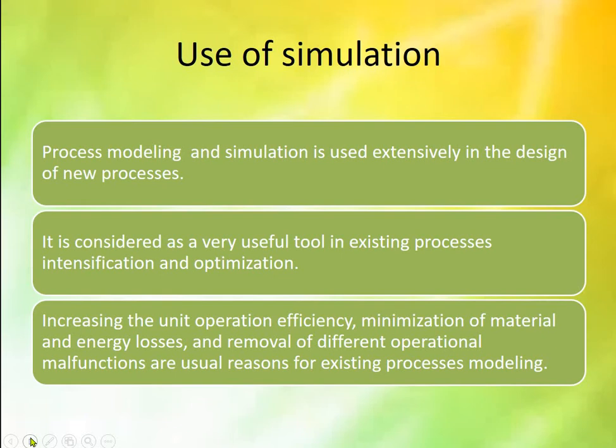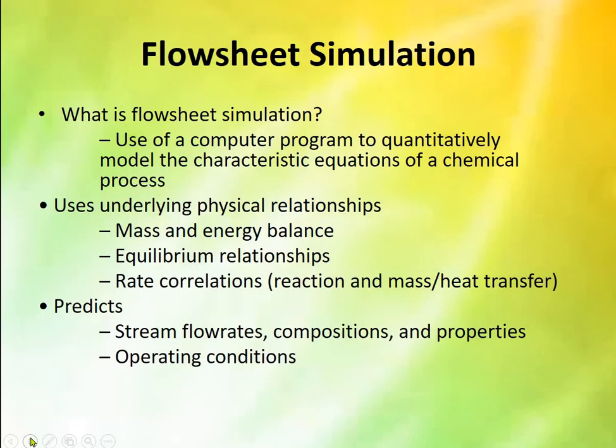Increasing the unit operation efficiency, minimization of material and energy losses, and removal of different operational malfunctions are usual reasons for existing process modeling. So these are the main three areas where simulation can be used in an existing process.